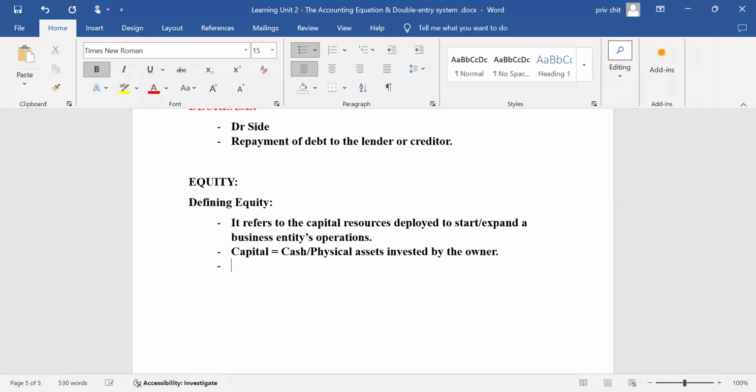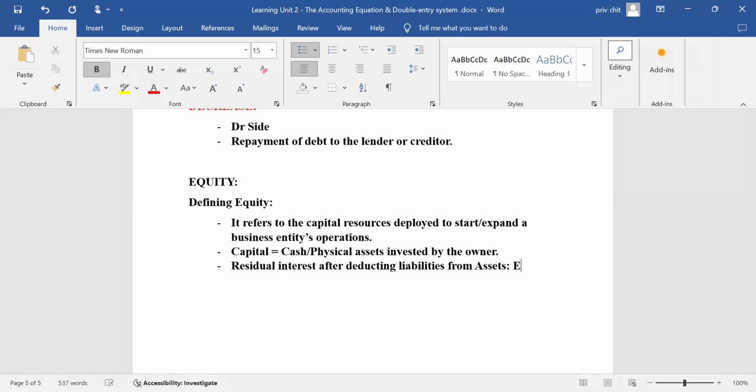But at the same time, when you're looking at equity, it can also be referred to as the residual interest after deducting liabilities from assets. Now, what do we mean?